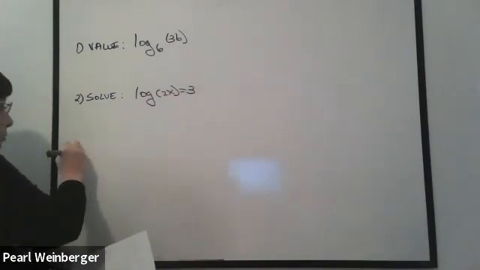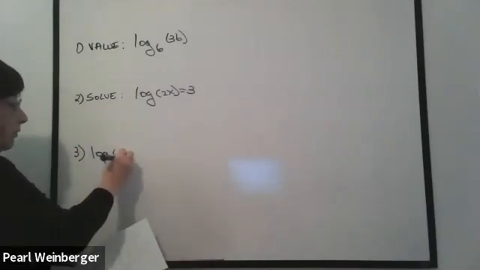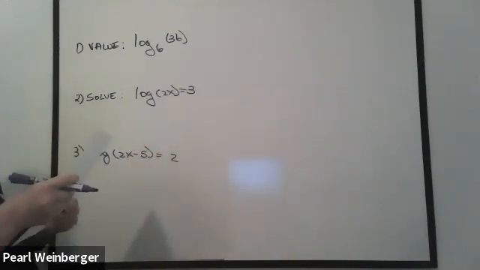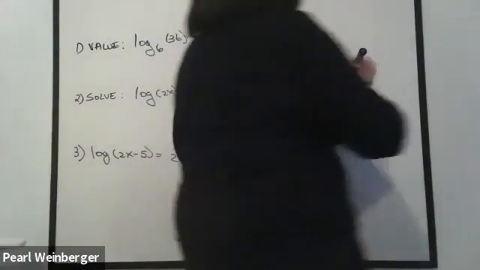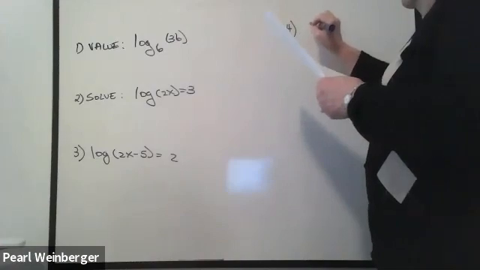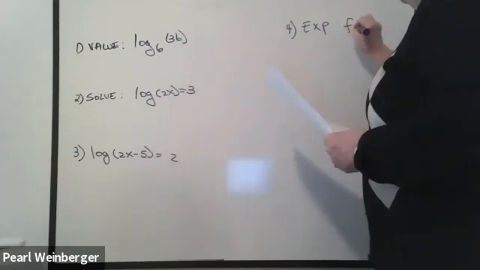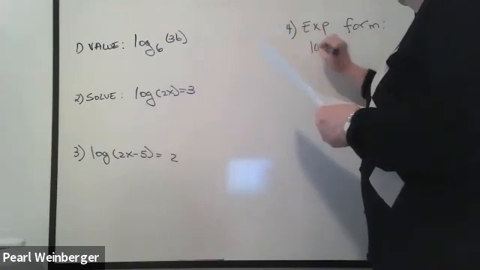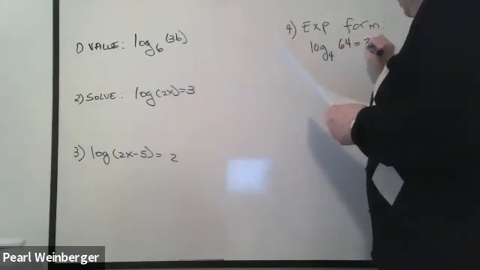Here's the third question: log of 2x minus 5 equals 2. Number 4 looks like this: write in exponential form, log base 4 of 64 equals 3.